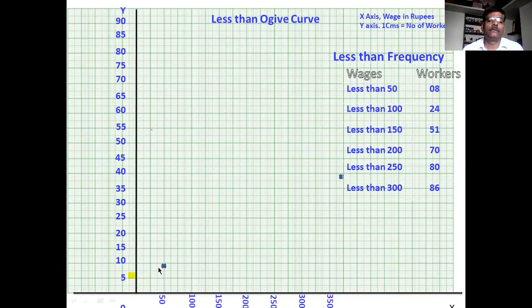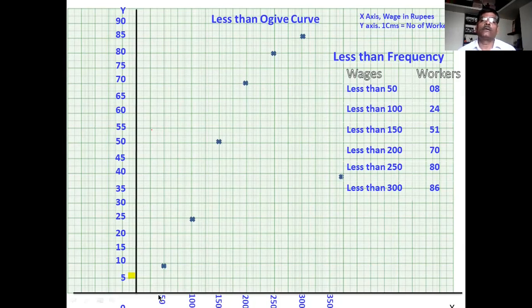Now you mark the values in the graph. 8 comes here. Next is 24. Sorry, 24 is the value. Next 51. Then 70. Then 80. 86. And these values are to be plotted at the end value, 50, not in the middle.